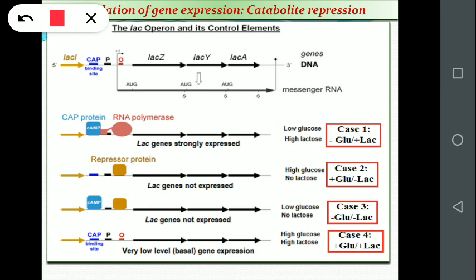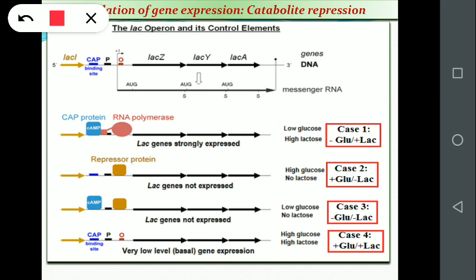So now the activator is there and the repressor is absent. Therefore the transcription of the lactose operon takes place. So in the presence of only lactose, the operon will be active, and it utilizes that lactose.